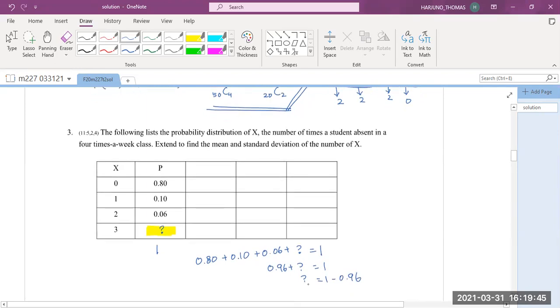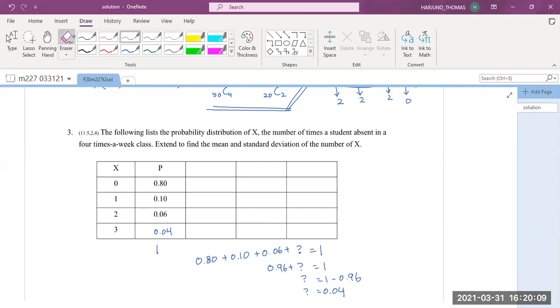That's how we get that blah is 0.04. That's 0.04 here. Now, once we are done with the probability distribution, then we extend to find the mean and the standard deviation.